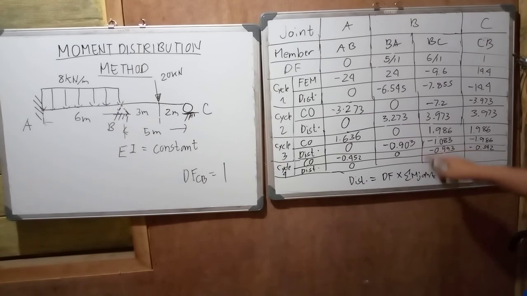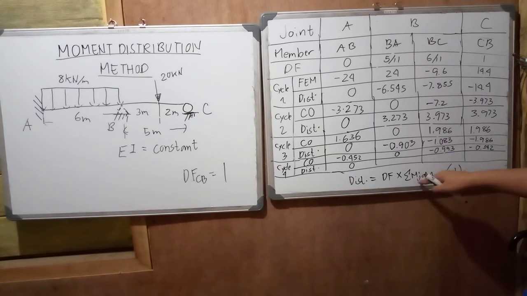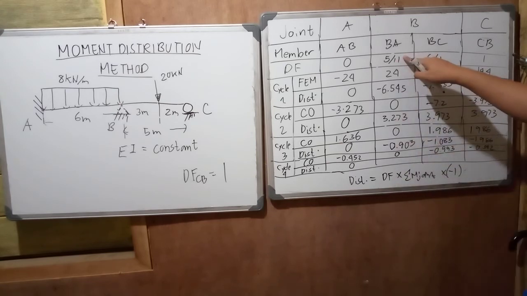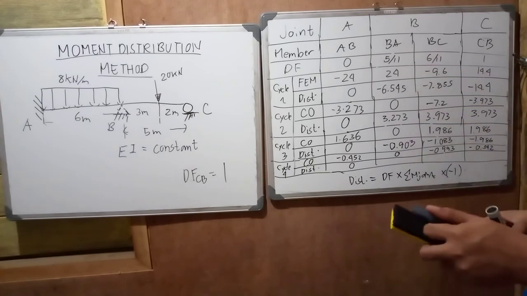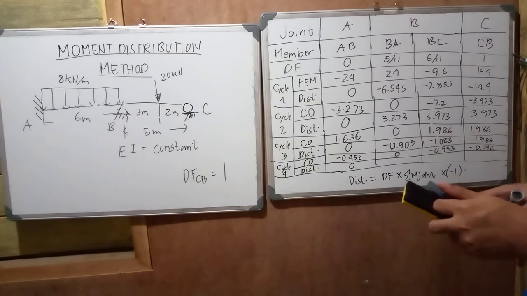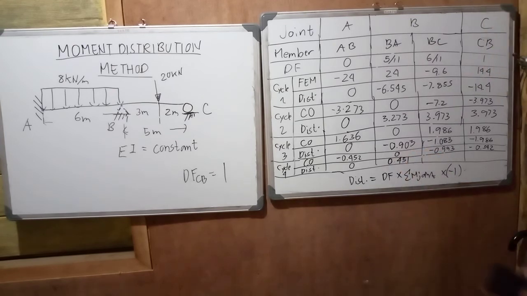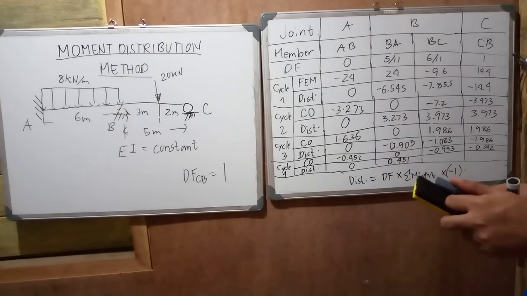Summation of moment at joint, dito naman tayo sa B, is 0 and negative 0.993, so negative 0.993. So, dito, ang distribution factor mo is 5 over 11 kay BA. So, 5 divided 11 times negative 0.993 times negative 1 is 0.451. Okay? So, dito is negative 0.993.